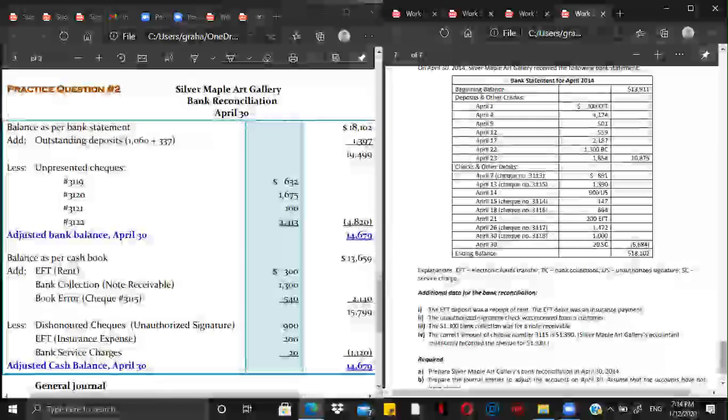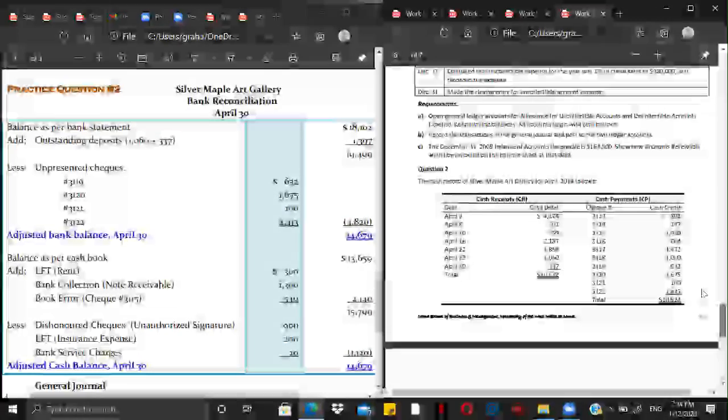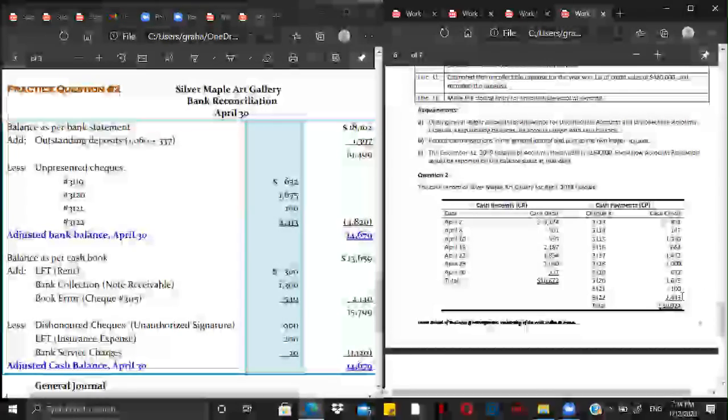Right? The first one says the electronic funds transfer deposit was a rent receipt, and the electronic funds transfer debit was an insurance payment. So my best explanation for EFTs would be like for those of us who do online banking.